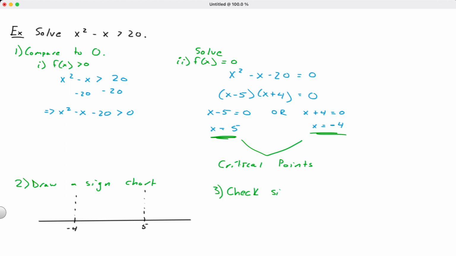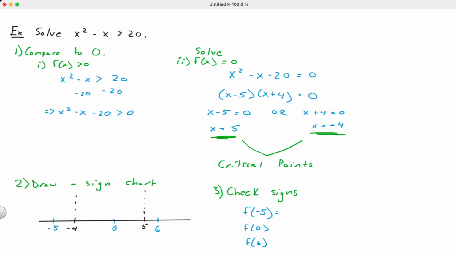And so we'll check the signs of values at maybe, say, f of -5 and f of 0 and f of 6, because -5 will represent this region, 0 will represent this region, and 6 will represent this region.